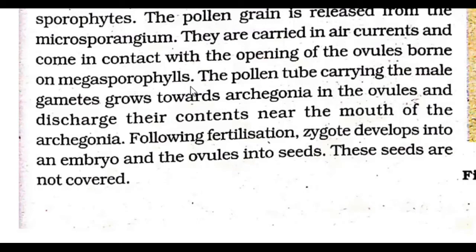Now, what is happening? The pollen tube carrying the male gametes grows towards archegonia in the ovules. Archegonia are the female sex organ. The pollen tube is germinating from the pollen grains, if the sex compatibility is there, within the same species.